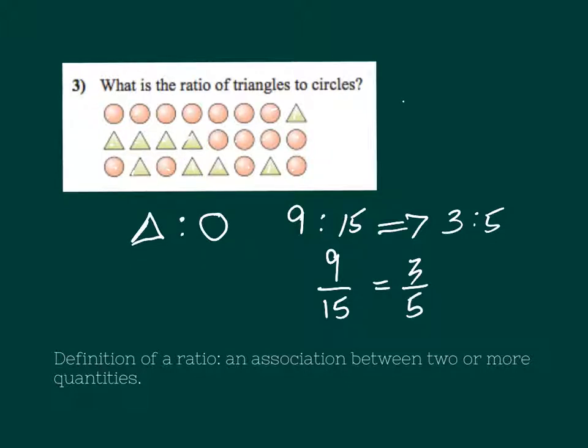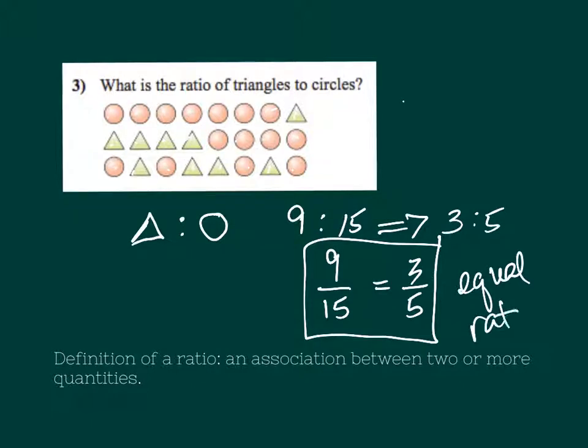So you can write it either way. People like to think of it this way because you have knowledge about fractions in the back of your head, and it helps to see what equal ratios actually means: 3 out of 5 is the same as 9 out of 15.